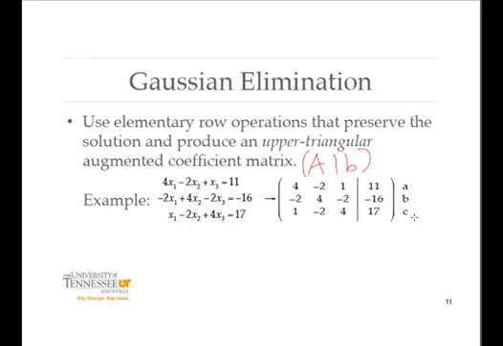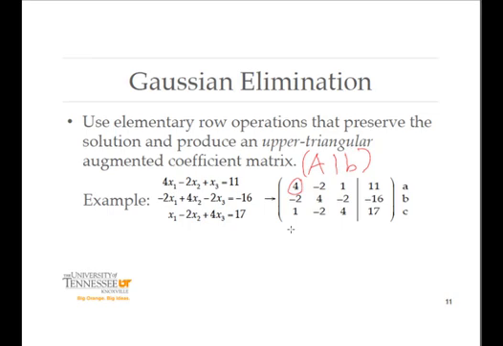Again, the goal here is to end up with an upper triangular form in the augmented matrix using elementary row operations. The goal in this case is to take a particular diagonal element, like for example the 4 right here, and use that element to produce zeros below it using row operations.